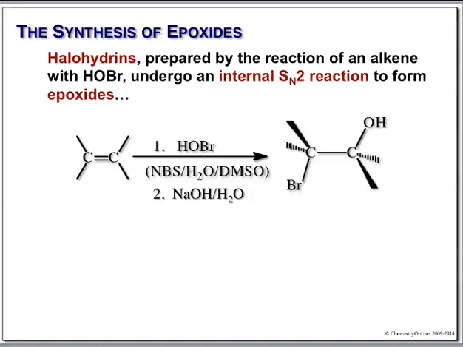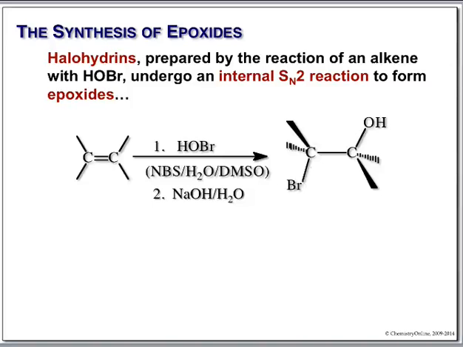The mechanism involved formation of a bromonium ion, then attack by hydroxide. That means we have trans stereochemistry here. We also have regioselectivity, where the hydroxyl group is bonded to the carbon that would give the most stable carbocation. So it's Markovnikov relative to the hydroxyl group. Okay, so this is a reaction again from chapter 6.